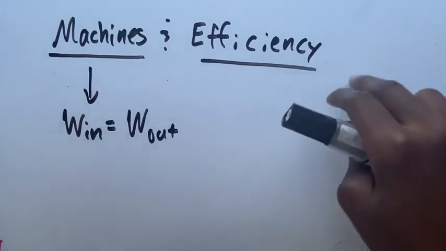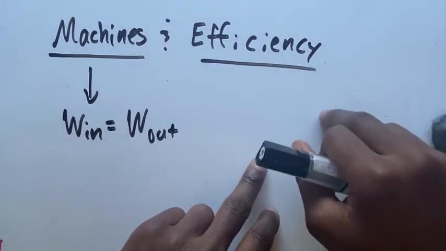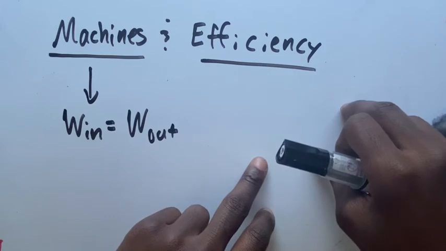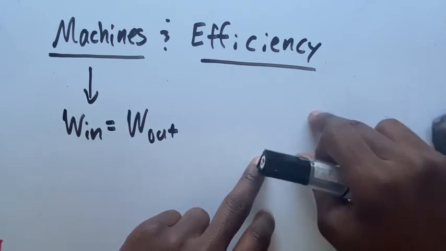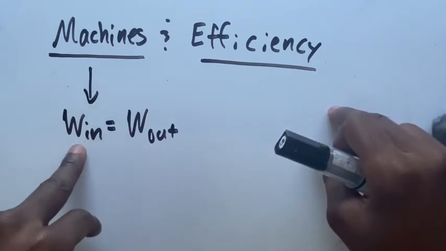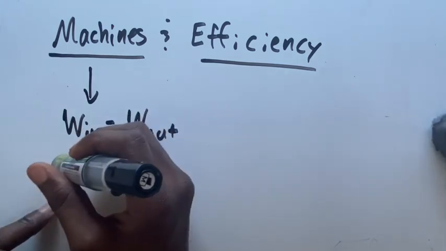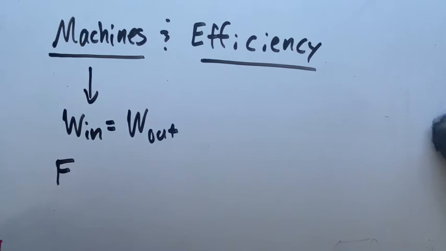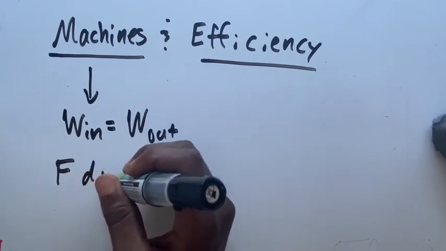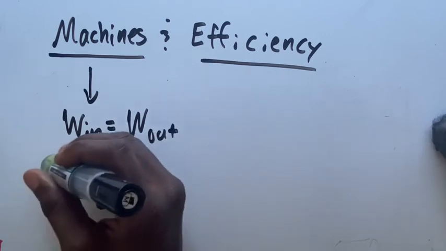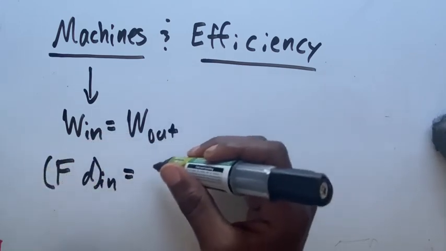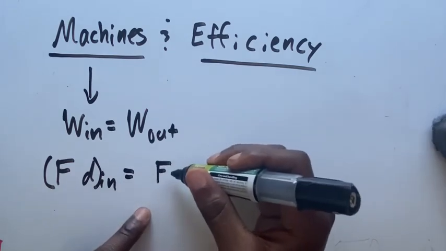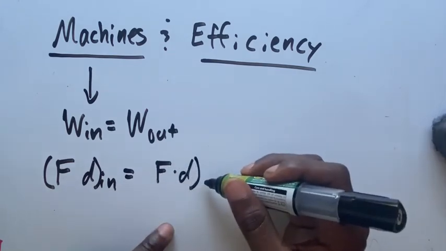For those two examples I gave, the pulley and the lever, the amount of work you put into either one, or I can write it this way, the amount of force times the distance that you put in, is going to be equal to the amount of force times distance that comes out.